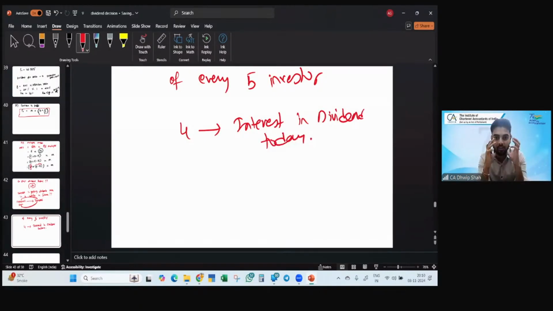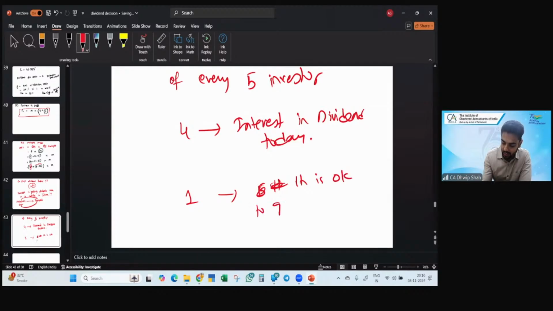Who has seen the future? Future is very uncertain. No one has seen the future. So they were all interested: if the company is giving the dividend, take it. And one investor was of the opinion of retained earnings, that it is okay to get dividend once in a while.